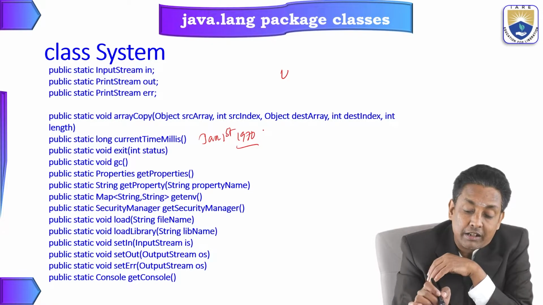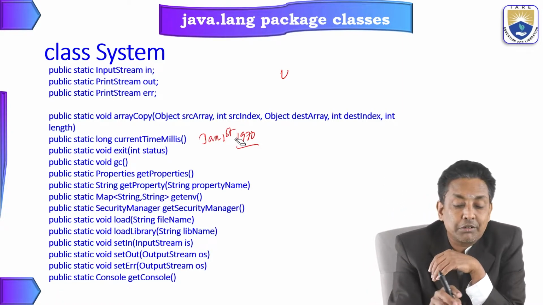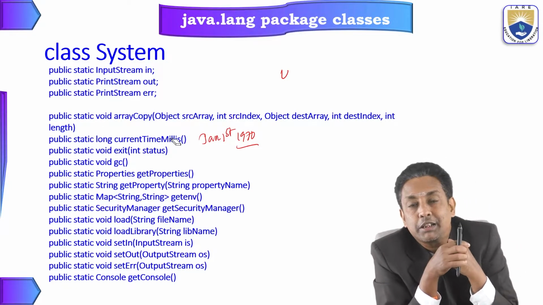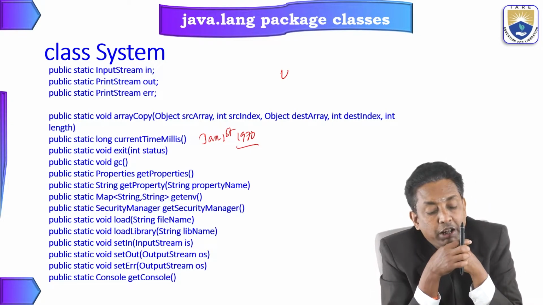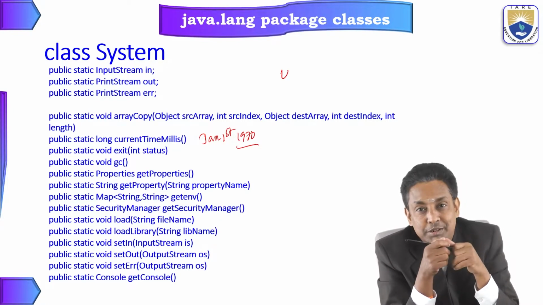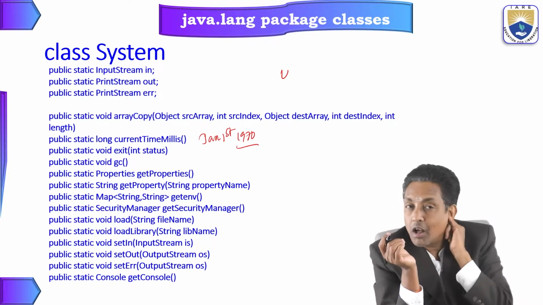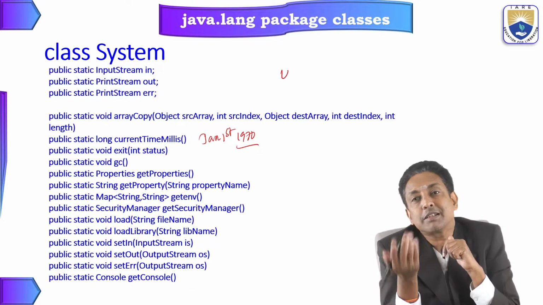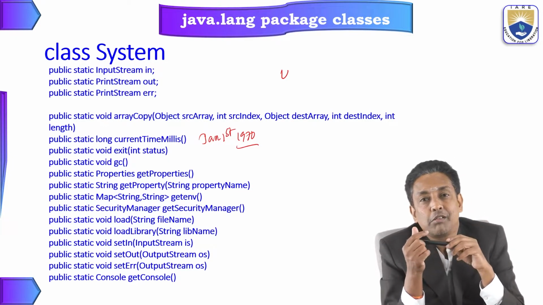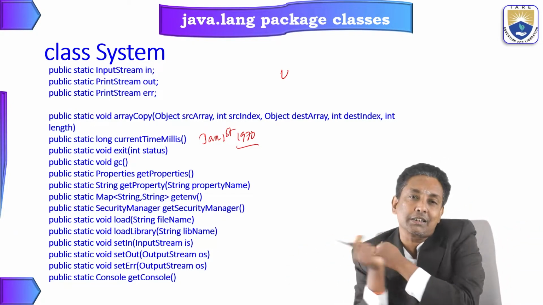From that date till now, the number of milliseconds will be calculated and returned by the method. So if you want to find out the current system timestamp, we can use System.currentTimeMillis. A long value will be returned, but if you pass this argument into the Date class constructor, then a Date object will be constructed. If you print the date, the month, year, hours, minutes, seconds, and milliseconds will come.